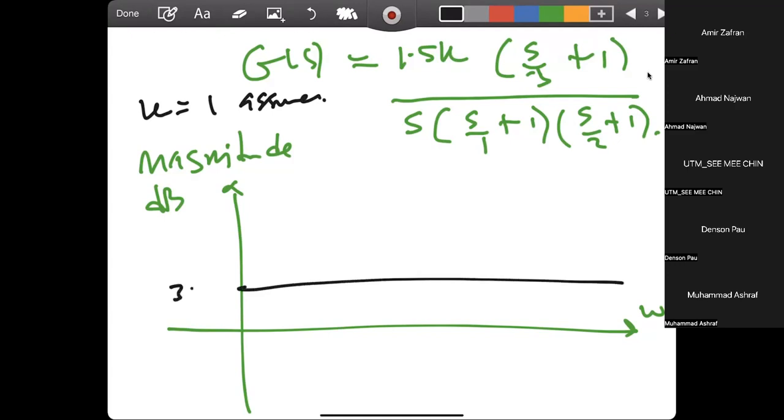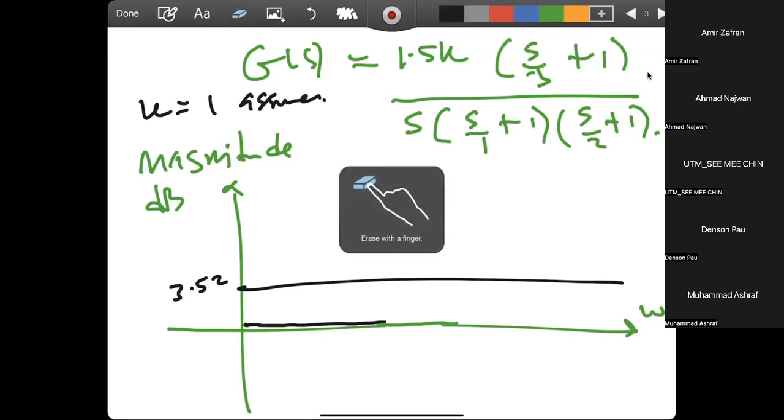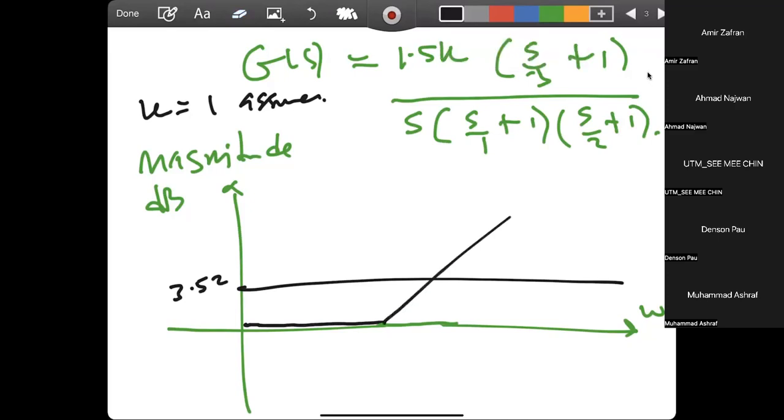Okay, put it here in decibels. And then (s over 3 plus 1) is here. Just goes here, then it goes up at 3 radian per second. Sorry, it goes up. Up at 3 radian per second.